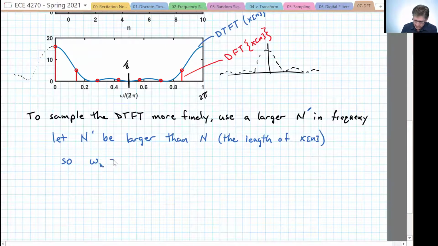But now we're going to say omega k is equal to 2 pi over N prime times k, where N prime is larger. So that gives us smaller steps that we take in frequency, and effectively more frequency samples.